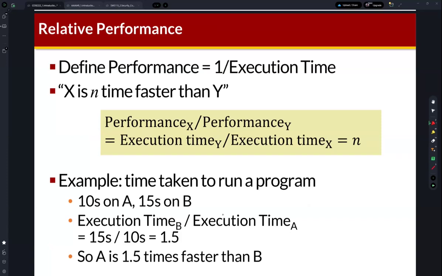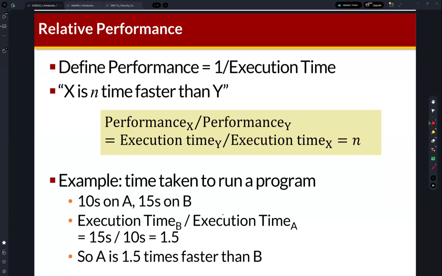Then how can you measure the performance of a certain system? I also mentioned that we can compare the performance of a certain system.